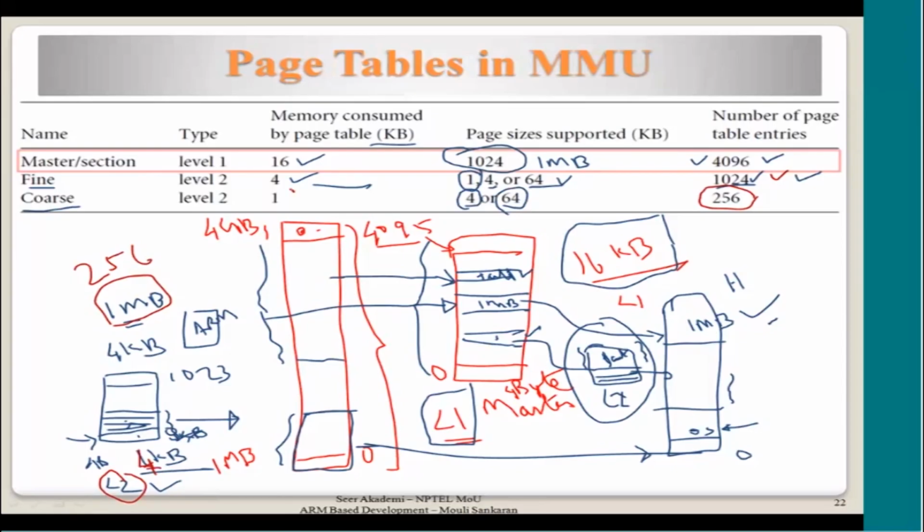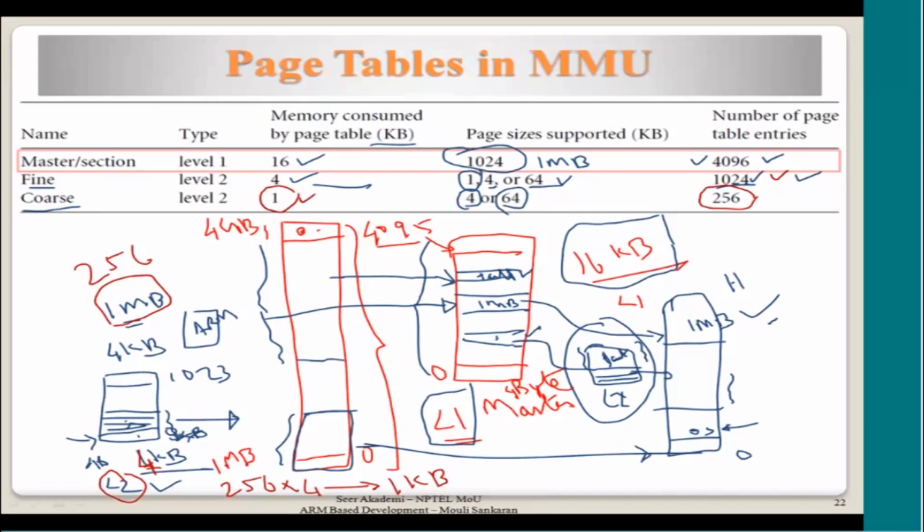In that case, what is the total size you will have? 256 entries times 4 bytes each corresponds to 1 KB, so the L2 page table size will be 1 KB.